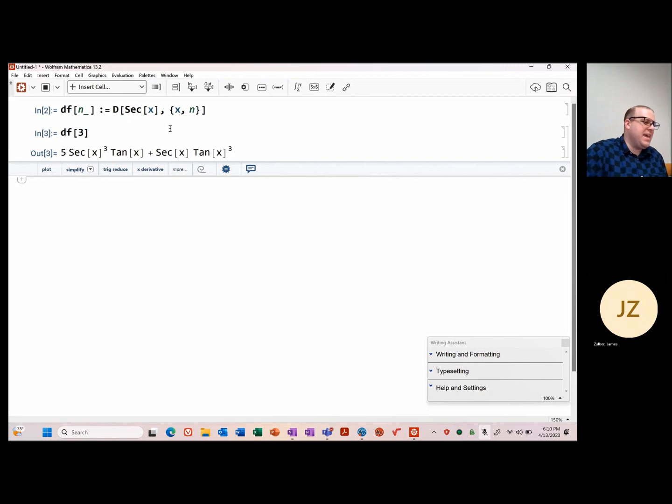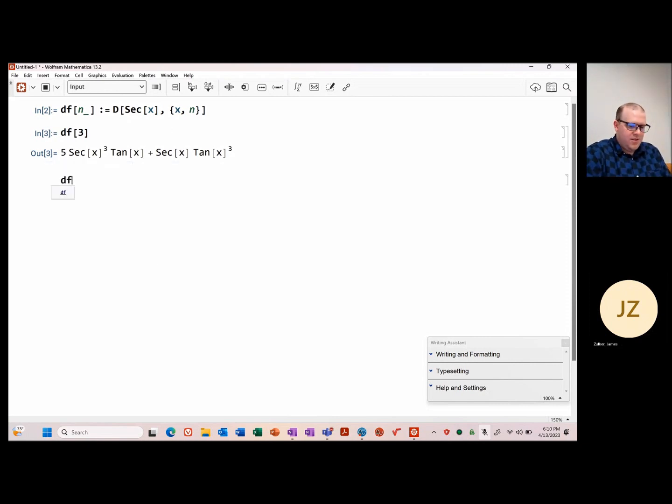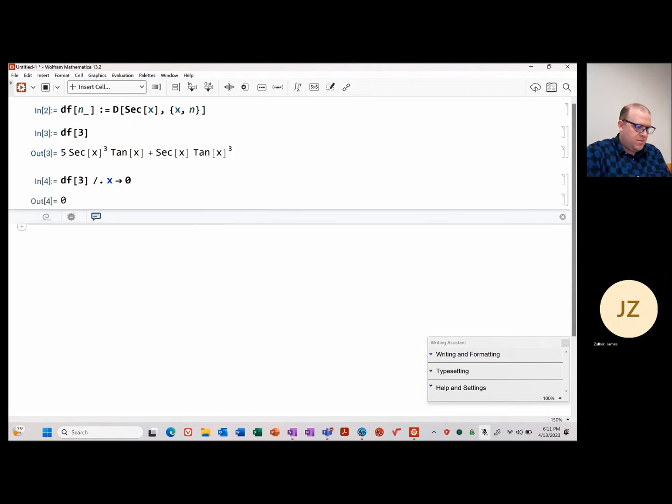All right, and then I believe I can. Actually, I know I can. Do I just remember it correctly? No, he gets this. Yes. And I can have Mathematica just evaluate it for me too.